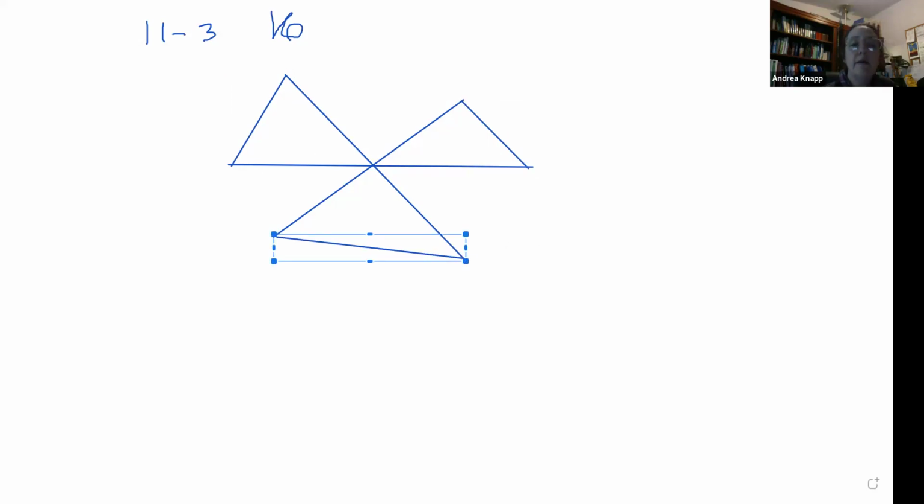Okay, and we're given numbers for 6 of the angles.